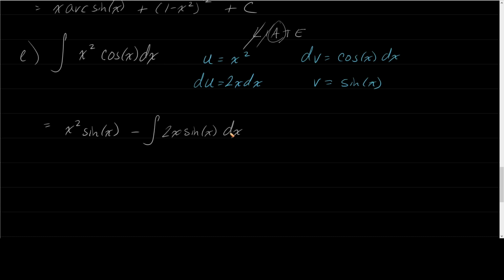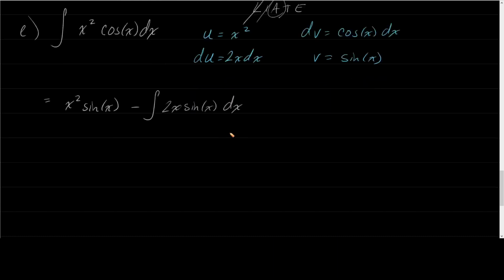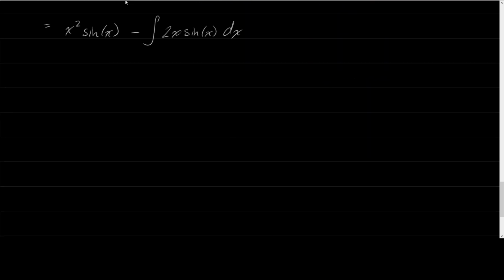And look at that. We have another integral that looks kind of similar, in the sense that we have an algebraic times a trigonometric. So we're going to do another integration by parts, and we're going to do it just for this integral.